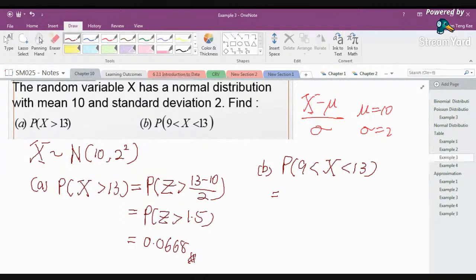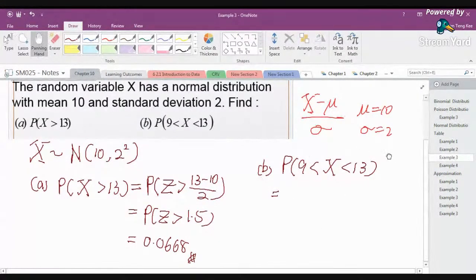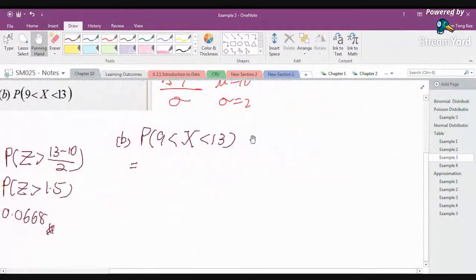Go on with part B. I have P(9 less than X less than 13). In order to get these probabilities, again, I will begin the calculation with standardization, where the X I convert to become Z. The values 9 and 13, I just minus the mean and divide by the standard deviation.